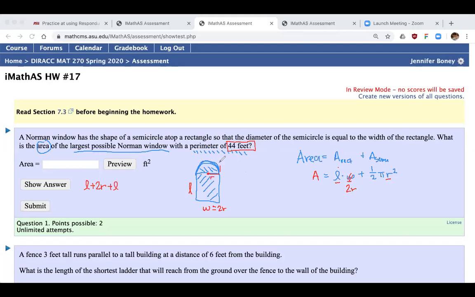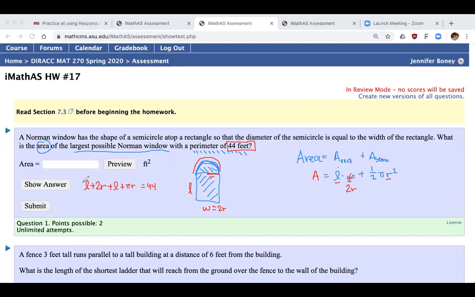And then we have to go around a semicircle. So distance around a circle, 2 pi r, but I've only got half of it, so 1 pi r. So here's the distance, all 4 sides, 3 flat sides and 1 curved edge, I guess, whatever you want to call this, that goes around the perimeter. This is what's supposed to be 44.